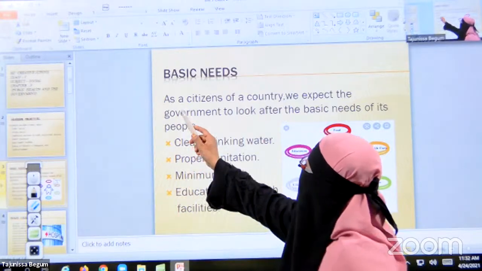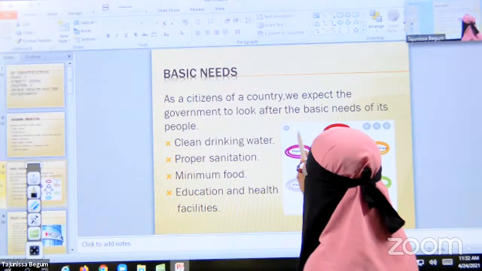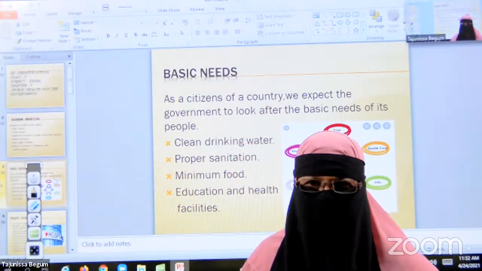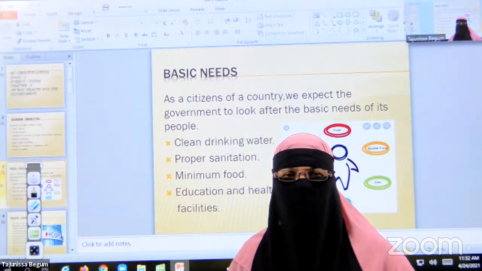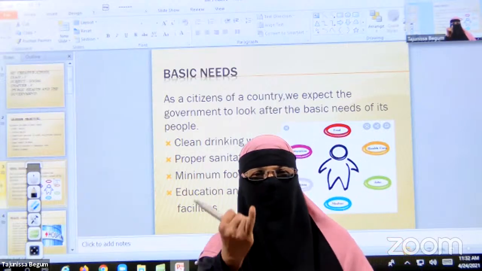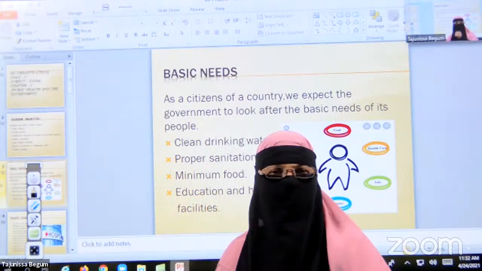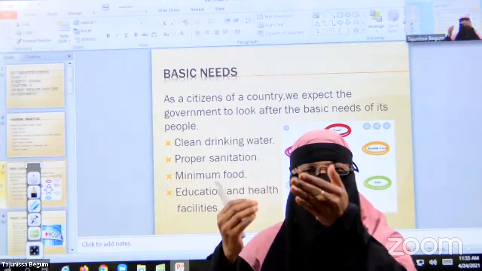As citizens of the country, we expect the government to look after the basic needs of its people. As we belong to India, we expect our government to provide us basic needs. What are those basic needs? Minimum basic needs, you all say: food, clothing, shelter and all. But we expect lots from our government.